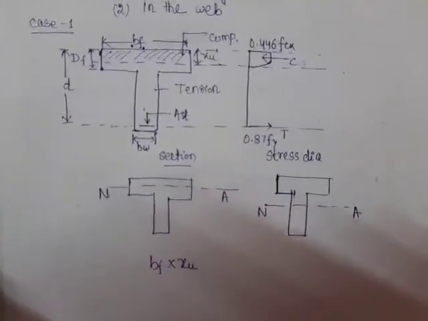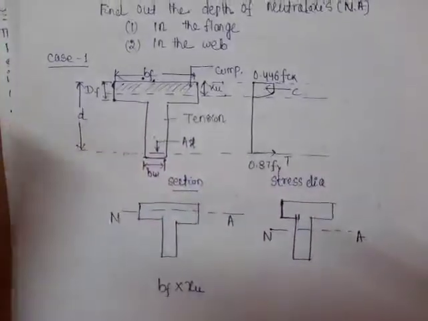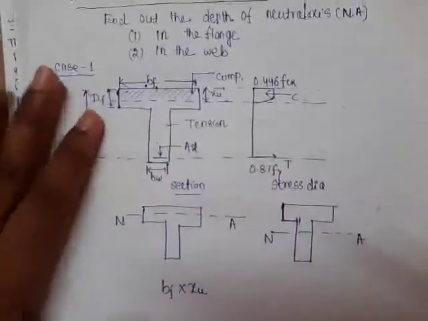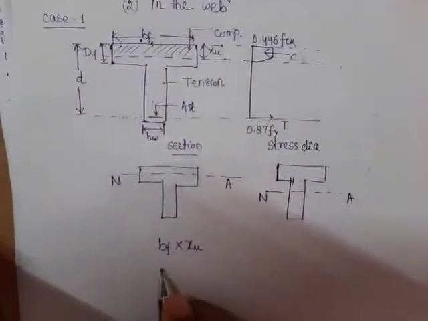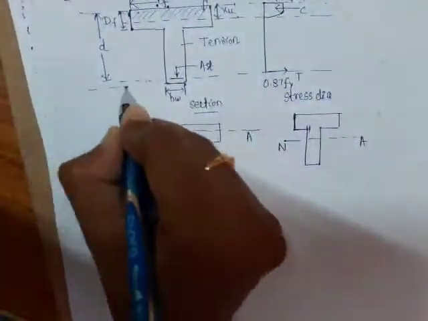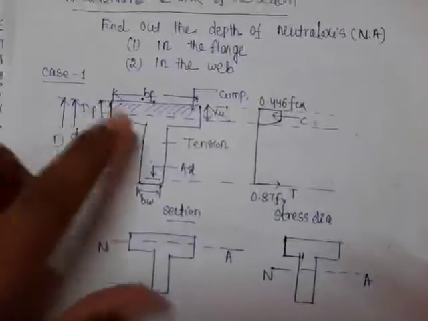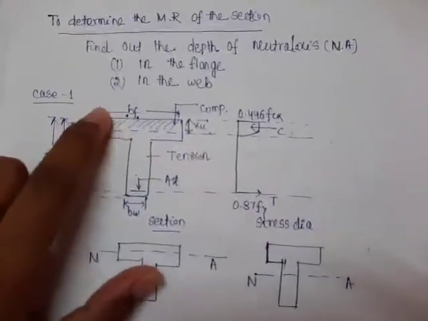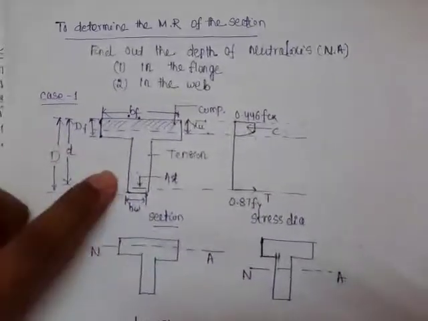So here we can consider it as equivalent to a rectangular beam with cross section BF into D. This is the overall depth of the section. So when the neutral axis lies inside the flange, the top portion is in compression and the bottom portion is in tension.